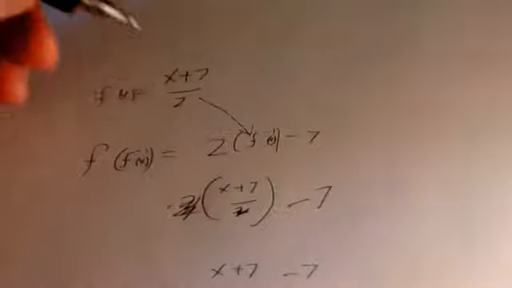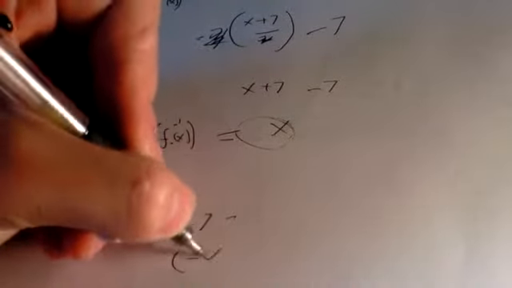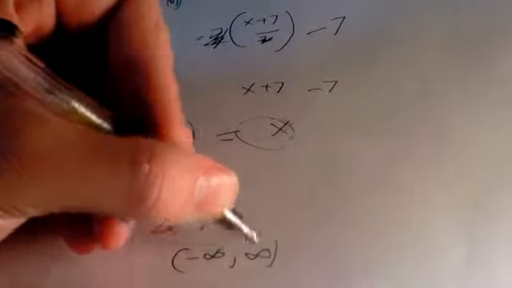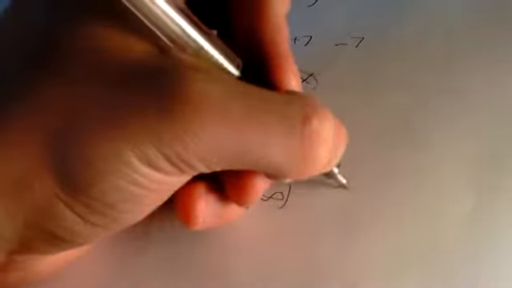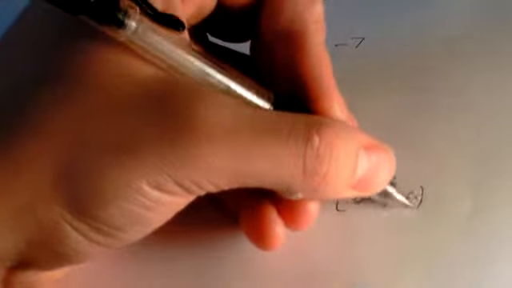Now in this case, the domain of 2x minus 7 is negative infinity to infinity, and its range is also negative infinity to infinity.